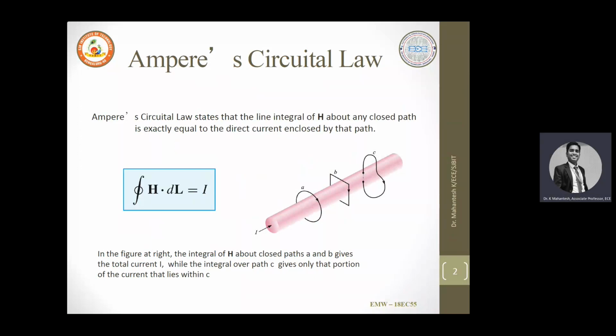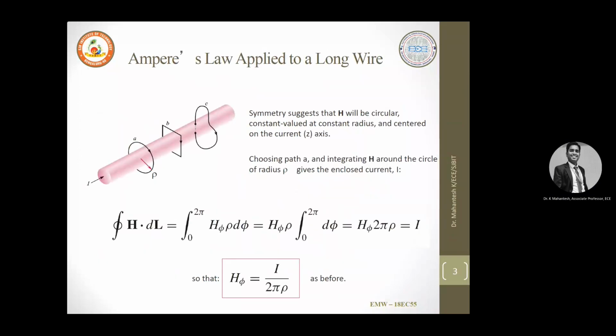In the figure to your right, the integral of H about closed paths A and B gives the total current I, while the integral over path C gives only that portion of the current that lies within C. Symmetry suggests that H will be circular, constant valued at constant radius, and centered on the current axis.